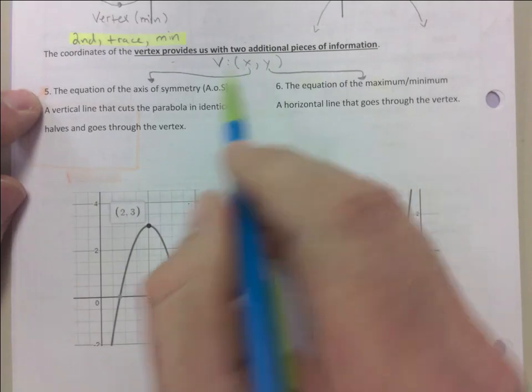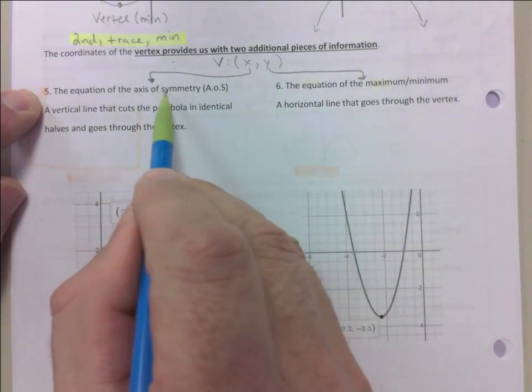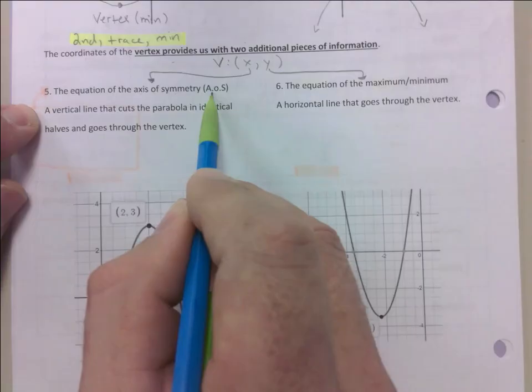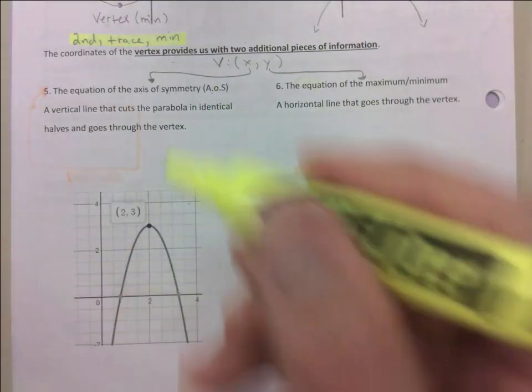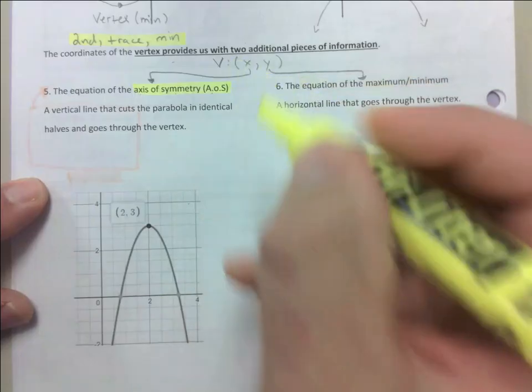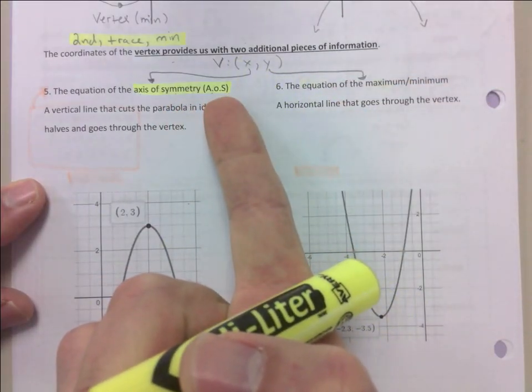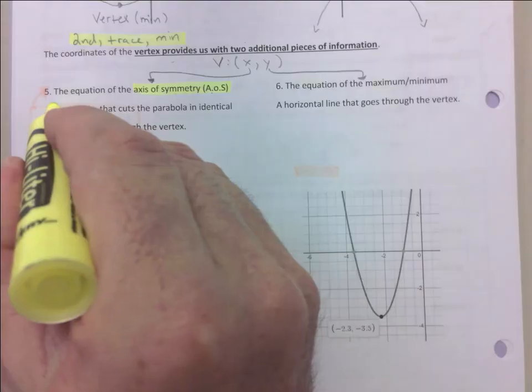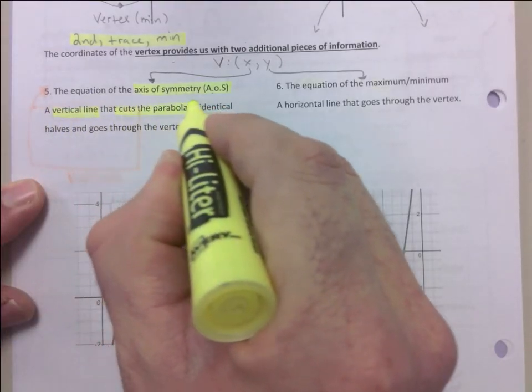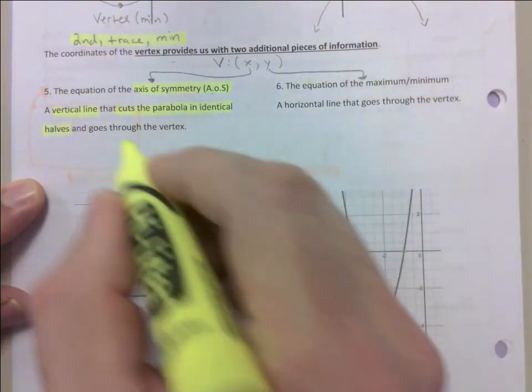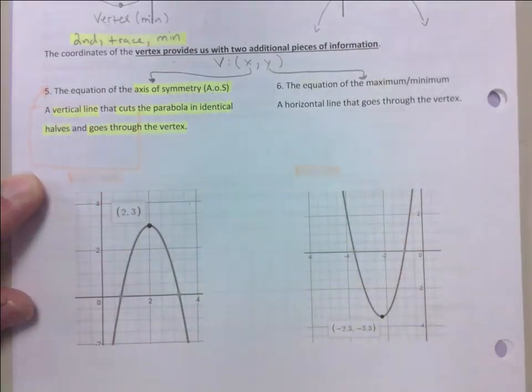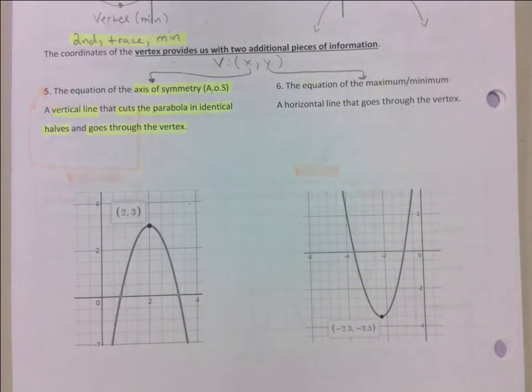From the x, we can come up with the equation of the axis of symmetry. What is that? I want you to highlight axis of symmetry. I'm going to go AOS from now on. It is a vertical line that cuts the parabola in identical halves, and therefore it goes through the vertex. So I'm going to use a color for it. I'm going to use orange and green if you want to have the same colors.